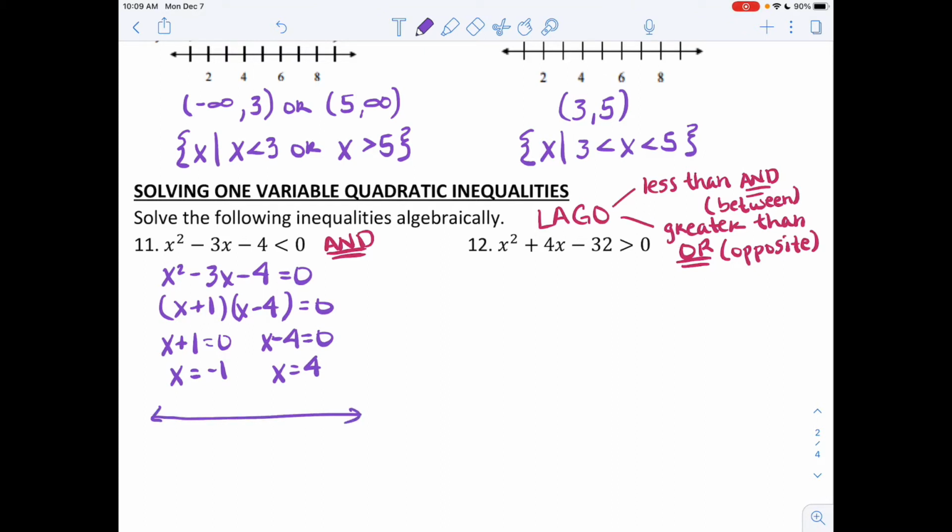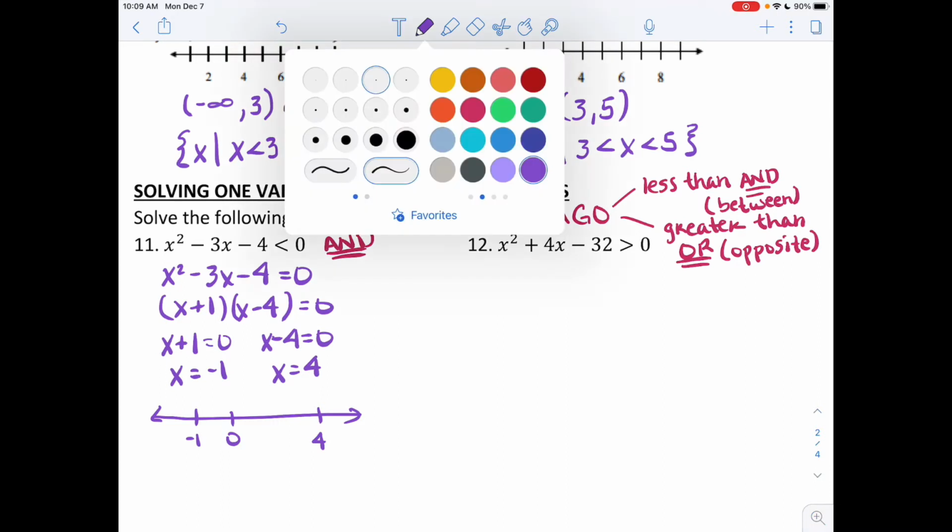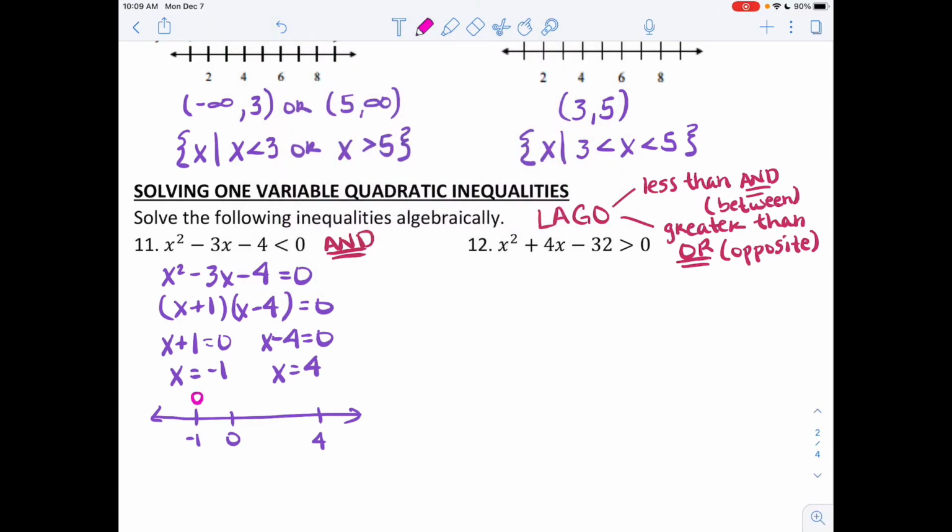So I'm going to plot negative 1 here, 0 there, and 4 here. And so I want to go ahead and put some dots here. And because I have a less than symbol, that does not get closed up. I don't fill in those dots. If it had been a less than or equal to, the dots would have been filled.